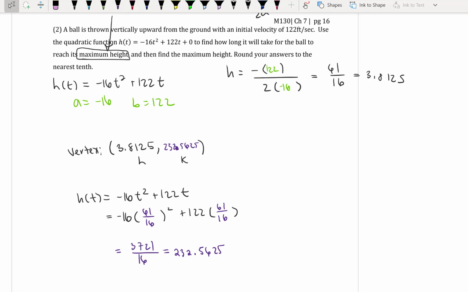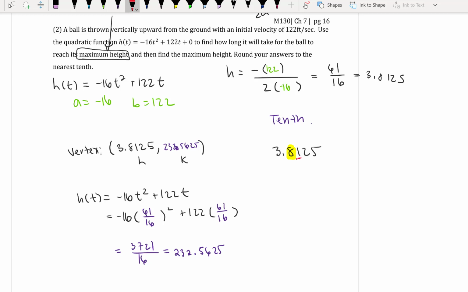So how long will it take for the ball to reach its maximum height? And then find the maximum height. Round your answer to the nearest tenth. So if I'm thinking about the nearest tenth, I'm thinking about decimals. If I have 3.8125, the tenths place is here.